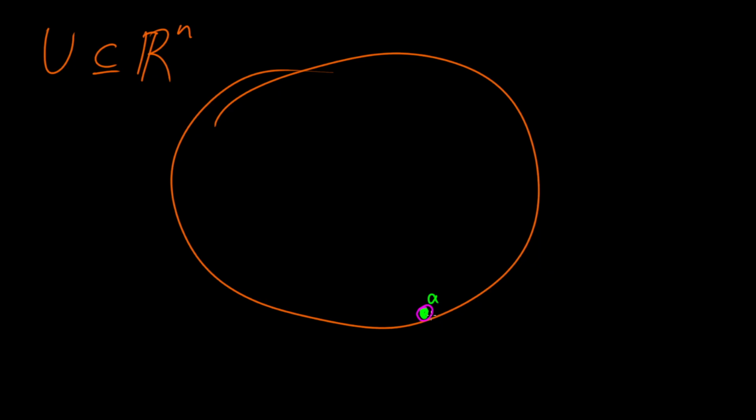If you can make a ball around it that does not go outside the set, for any choice of A, any choice, it could be here, it could be here, it doesn't matter. If you can make a ball centered at that point with any radius you'd like, that still falls within the set entirely, then by definition, the set is open.